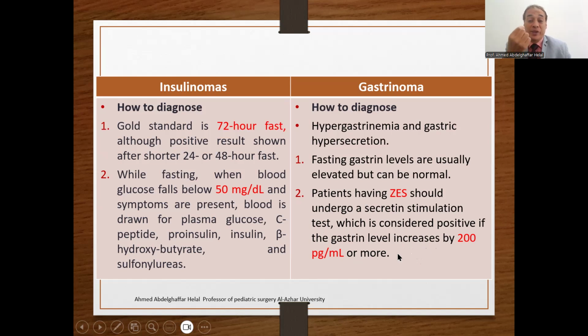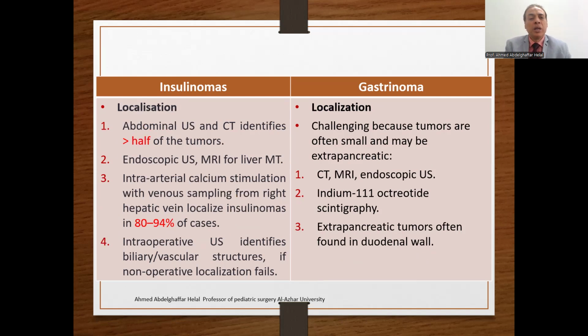For the secretin stimulation, we insert a nasogastric tube, aspirate the gastric fluids, then inject intravenous secretin and show the difference. The localization for insulinoma: abdominal ultrasound and CT identify more than half of the tumors, also endoscopic ultrasound, MRI, intra-arterial calcium stimulation, venous sampling, and intraoperative ultrasound help in identification.